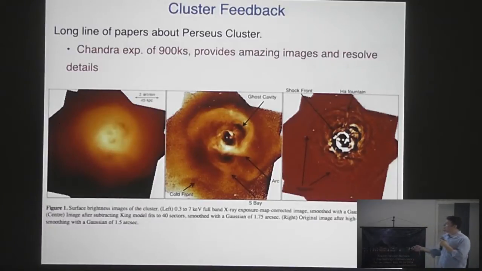So this is an interesting way that feedback is actually affecting scales that are now way beyond the galaxy. Right? This is 1 megaparsec in size. Or so, actually, not 1 megaparsec. This is 40 kiloparsecs, so half a megaparsec in size, something like that.